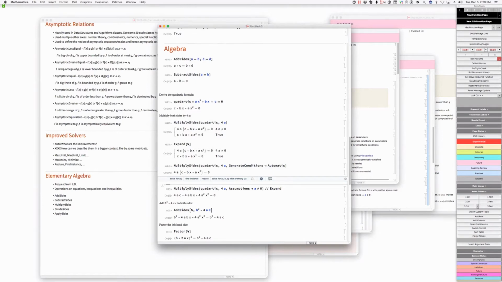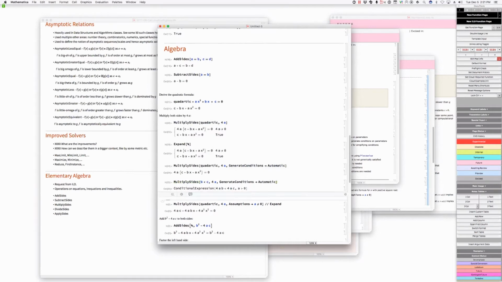Now copy that input and change that quadratic to b less than c. As opposed to the default value, now try that again without setting generate conditions.